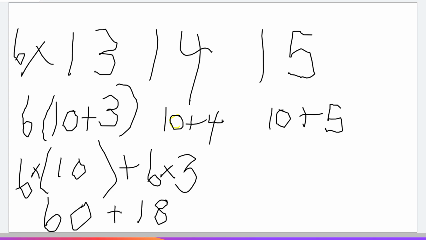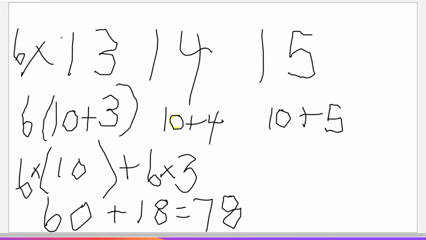And now you have 60 and 18. When you add those together, which is relatively simple, 60 and 10 is 70, 70 and 8 is 78. So you can go back to your 13 times 6 example and say, it's 60 and 18, 78.